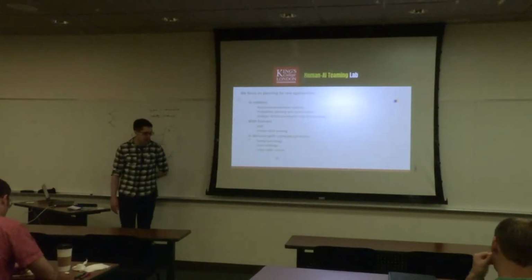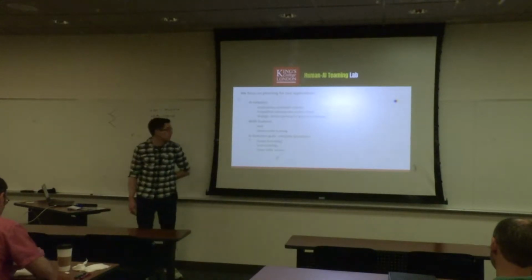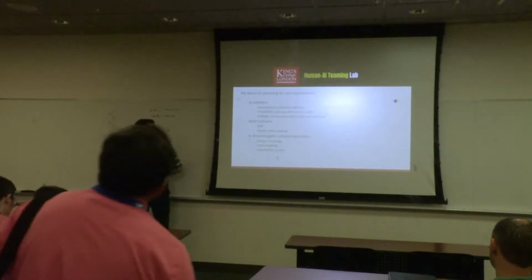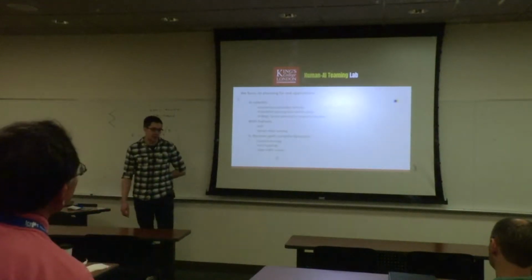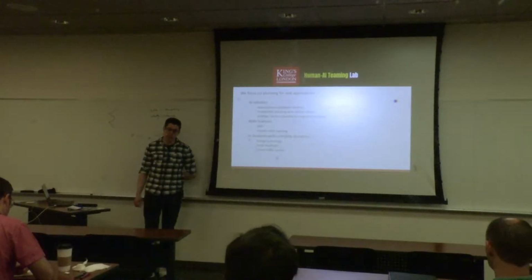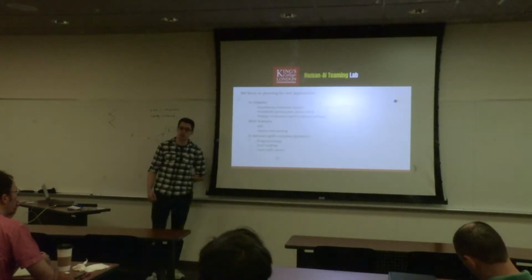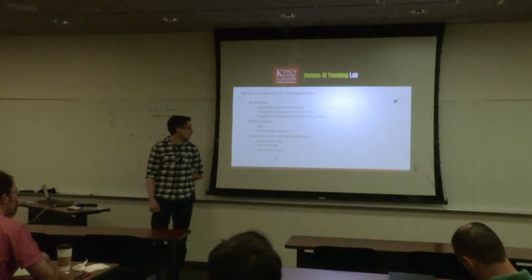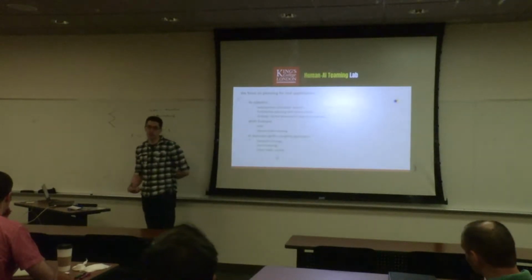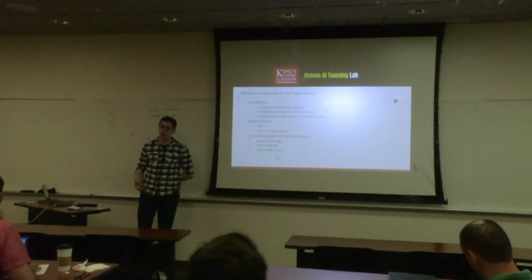So before I get into the main tutorial, just a bit about what we do in King's College. We're part of the Human AI Teaming Lab there. And for a while now, we've been focusing on trying to apply task planning in real situations. So first of all, in robotics, in autonomous underwater vehicles, in probabilistic planning with service robots, we're really interested in seeing our planners actually working on some physical hardware.